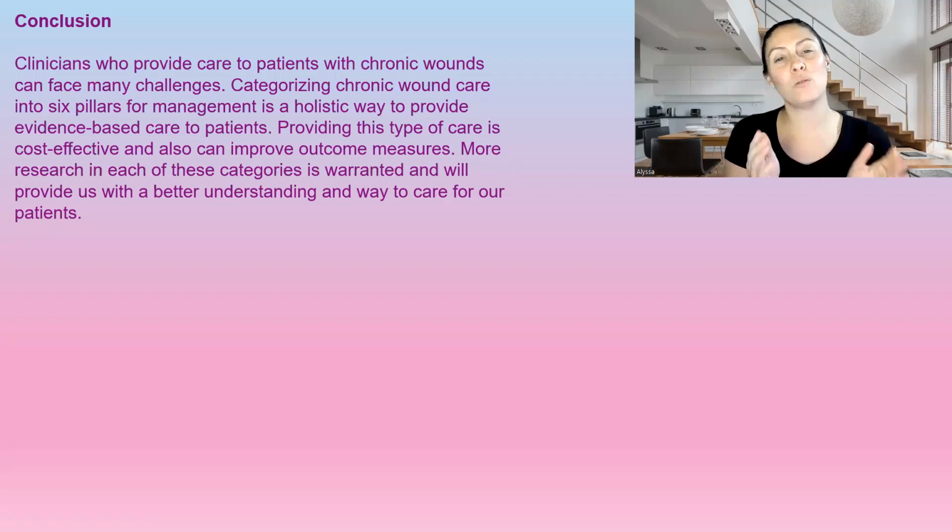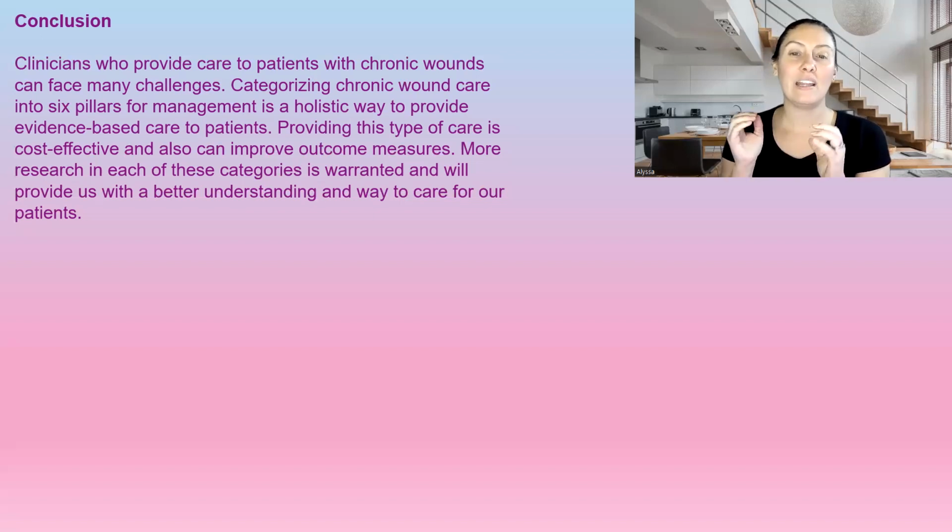Okay, so there's so much more that we need to be looking at, and optimizing their health always around, looking at their mental health. So using these 6 pillars can really optimize wound healing and get those wounds to heal quicker. So I hope this video did give you a better idea of what you should be looking at when you're looking at your patient that has a chronic wound.